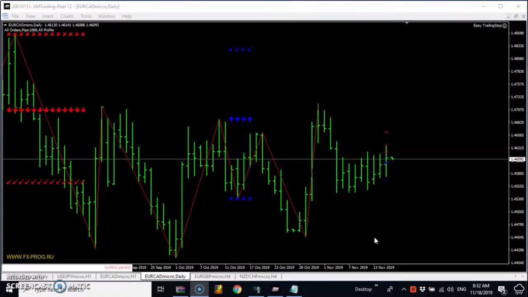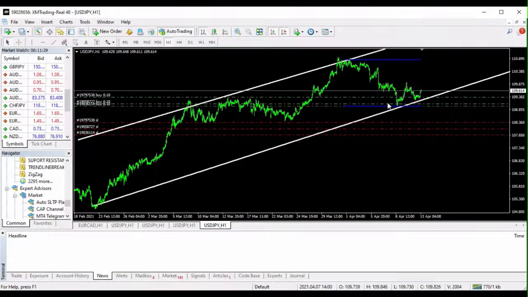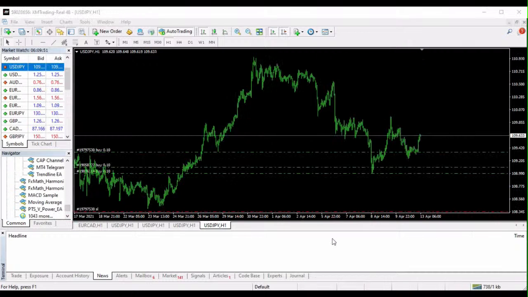You understand? We forex traders have different account sizes, different thinking, different mentality. But we are in the same group. Everybody, the one that has a big account, the one that has a small account, different mentality, different account, different lots.